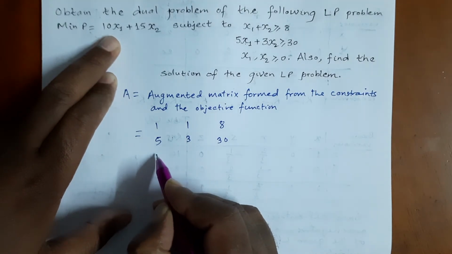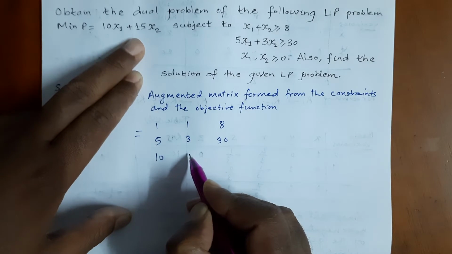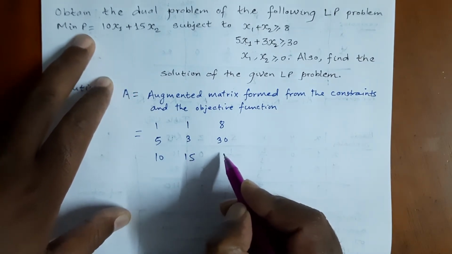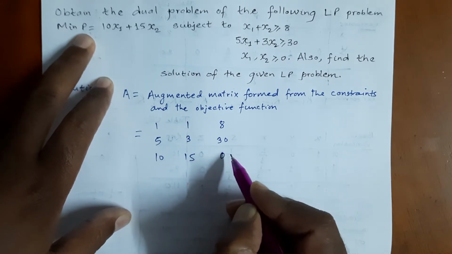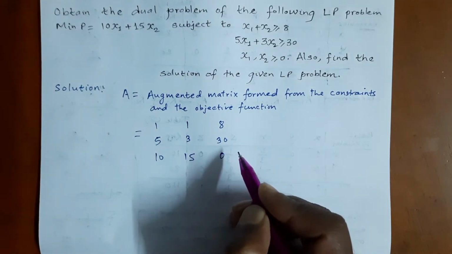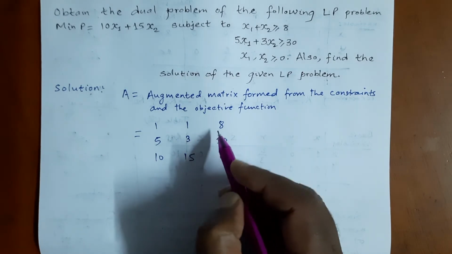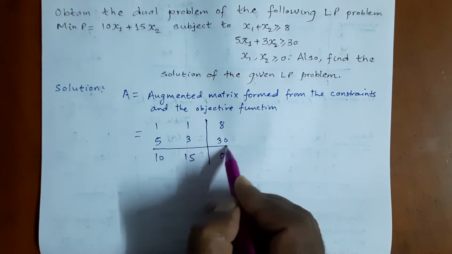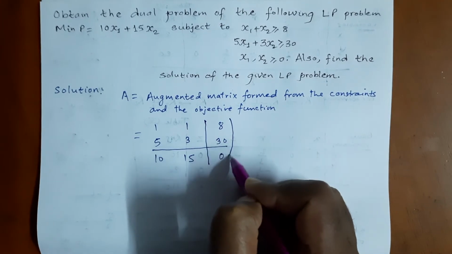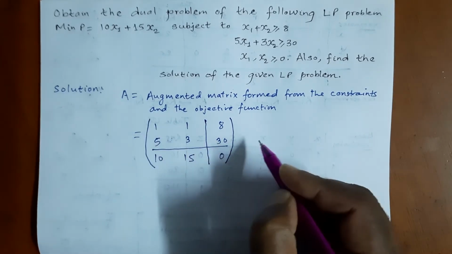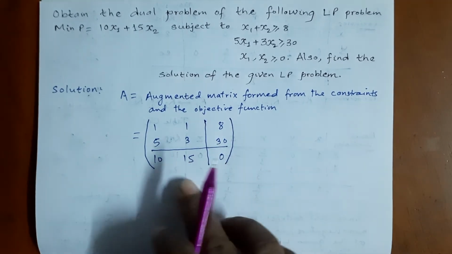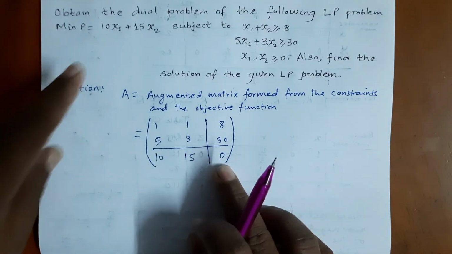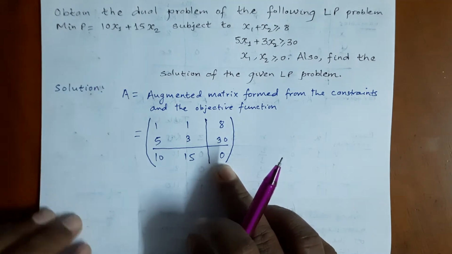In these objective functions we have 10 here, here is 15, and here in constant side we write 0 because there is no any constants. Here this last row is written using this objective function.